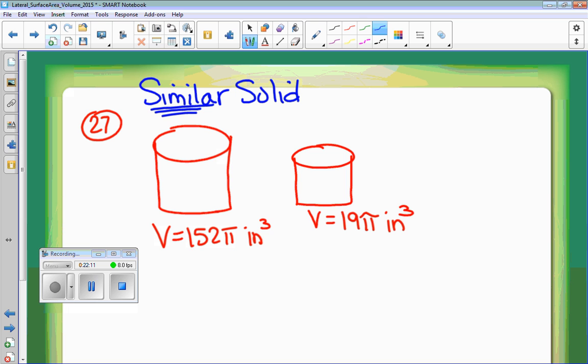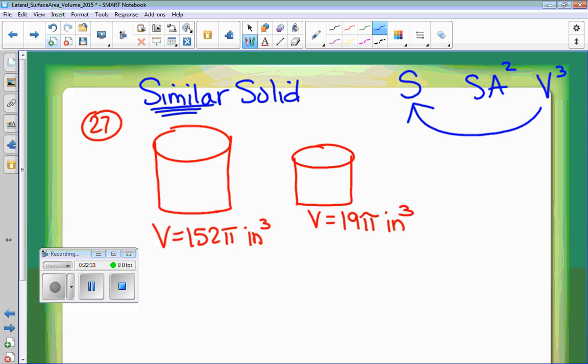It's asking me to find the scale factor. Okay, so if you remember, we had the scale factor, the surface area, and the volumes. And it kind of goes this way. Do you remember? Okay, so the ratio of the volumes, what do I have to do to find the scale factor? I have to go backwards. So what am I going to do?